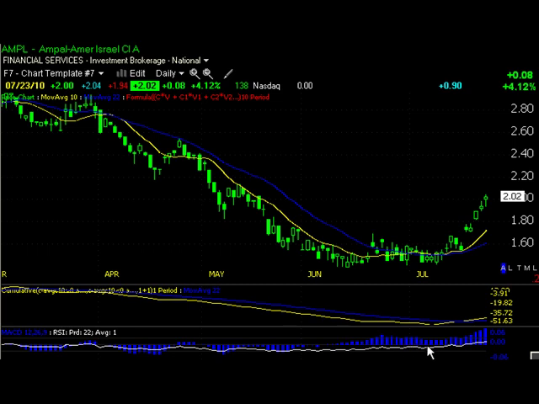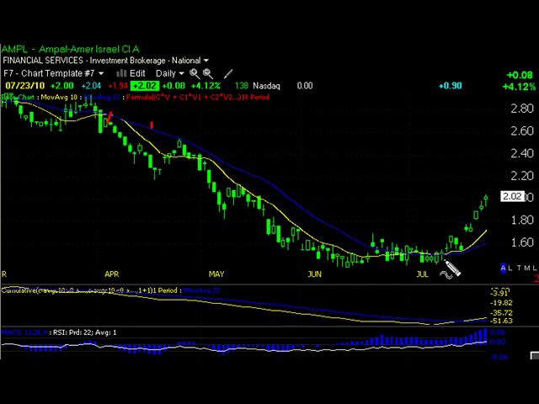Now, to get a long signal, a lot of people like these moving average crossovers. But say back over here, this would have put you in a trade long. There's a little crossover on this day, and clearly it wasn't a long at that point. So I use three things. I need a crossover in these moving averages, which we got back over here.